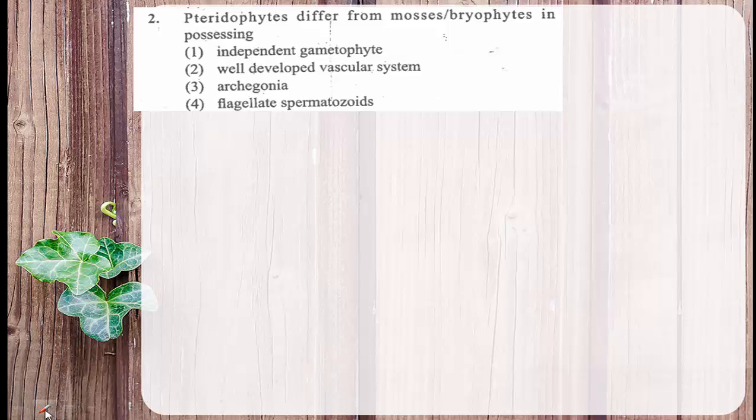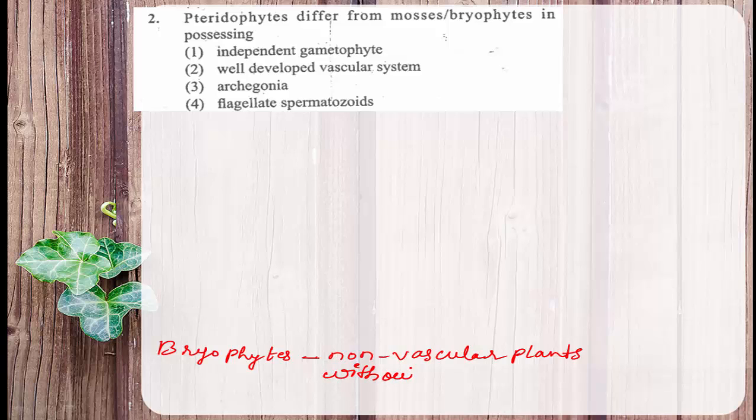That is why, apart from amphibians of the plant kingdom, the bryophytes are non-vascular plants. Non-vascular means they are without xylem and phloem. So xylem and phloem are completely absent in the bryophytes.